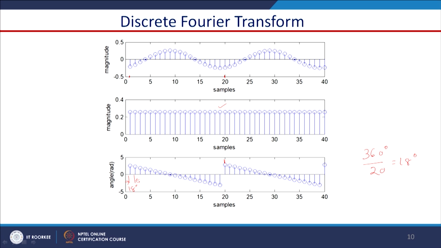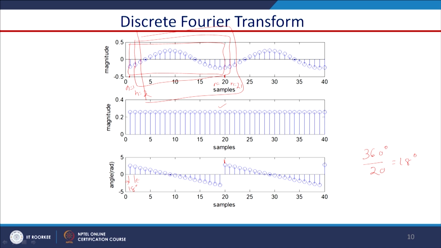So between two samples the angle difference is 18 degrees. If you take a window approach, this is my first window, n equal to 1 to n equal to 20, and the second window will start from n equal to 2 to n equal to 21, and the third window will be like this, and so on.